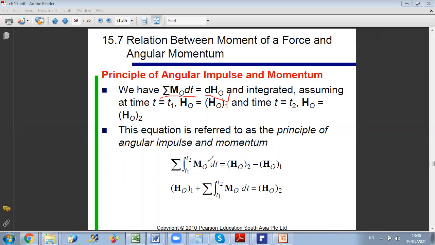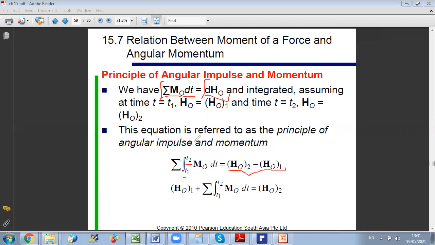And now if we integrate both sides of this relation, what do we get? We get that summation of integral from T1 to T2 of MO dt is equal to the variation of angular momentum HO2 minus HO1. Okay, now what can we deduce from here?